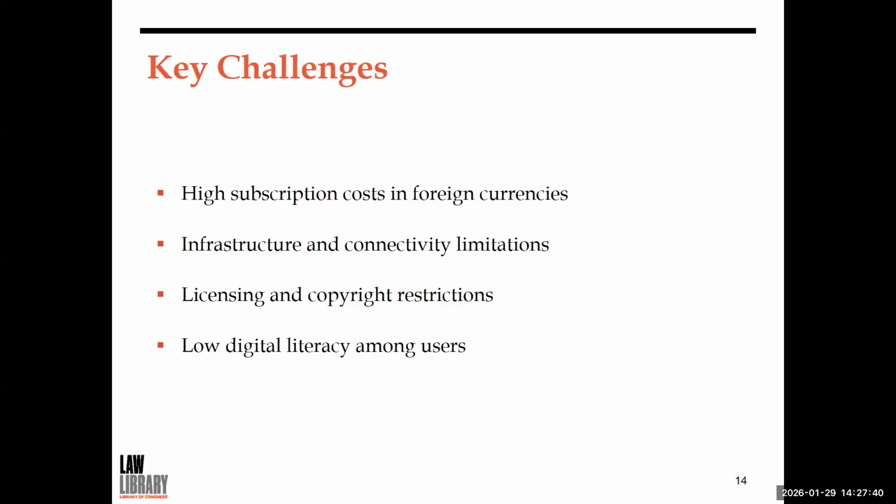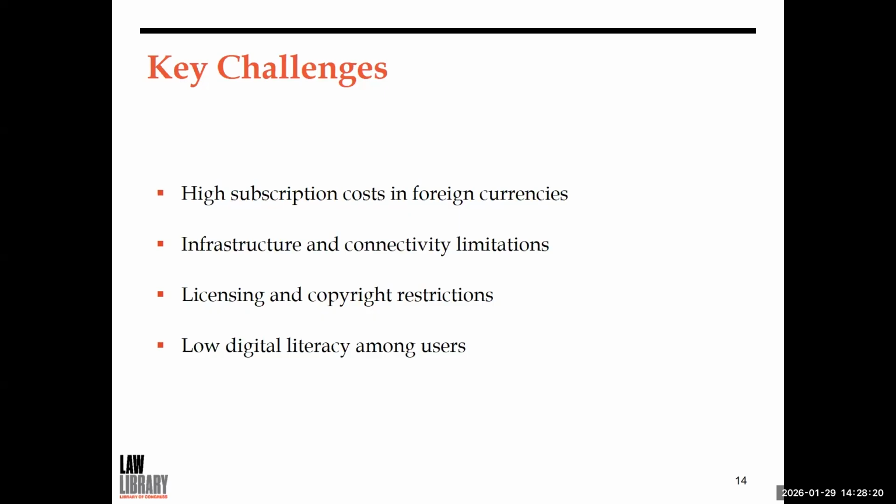At times there's also inadequate ICT infrastructure in some courts, libraries, and institutions of higher learning, which hinders adoption and effective use of digital legal information. If internet connectivity keeps fluctuating, some people say it's not reliable and they are not able to utilize these e-resources or the legal online platforms freely. So they shy away.